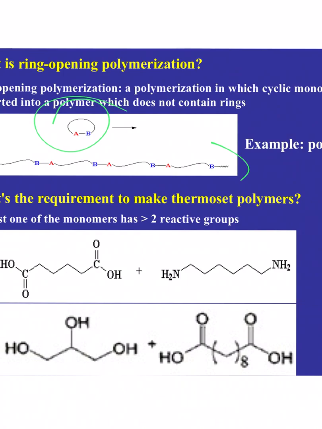Okay, and then thermosets. Beyond the abstraction of these complex cross-linked structures that we think about as far as the spaghetti model of thermosets and these 3D polymerized structures, we think about what we need in terms of the chemistry in order to make a thermoset. Here are a couple of examples.